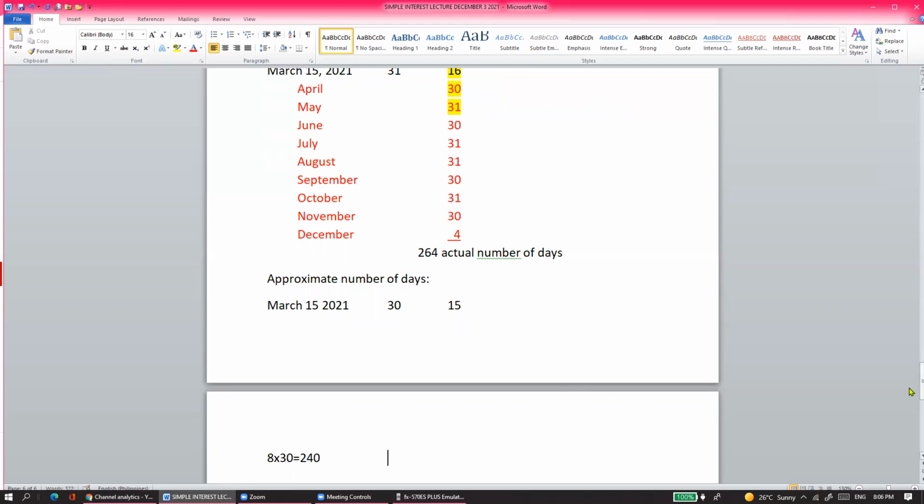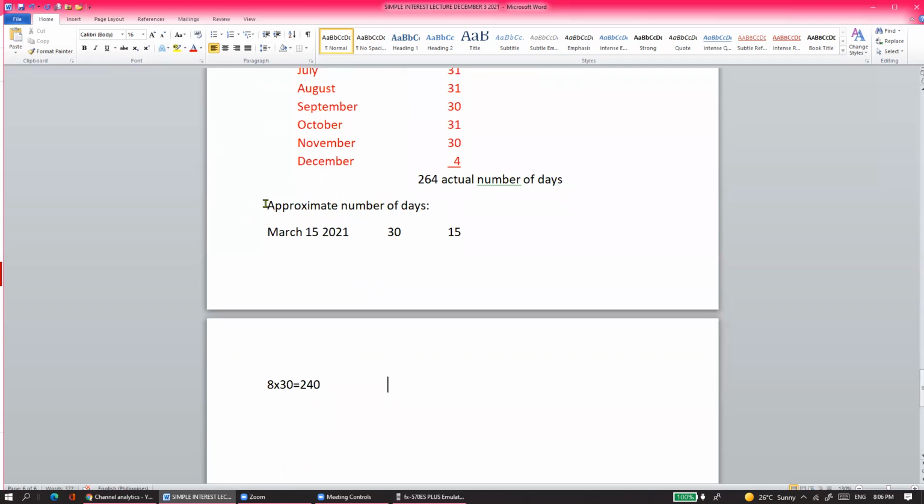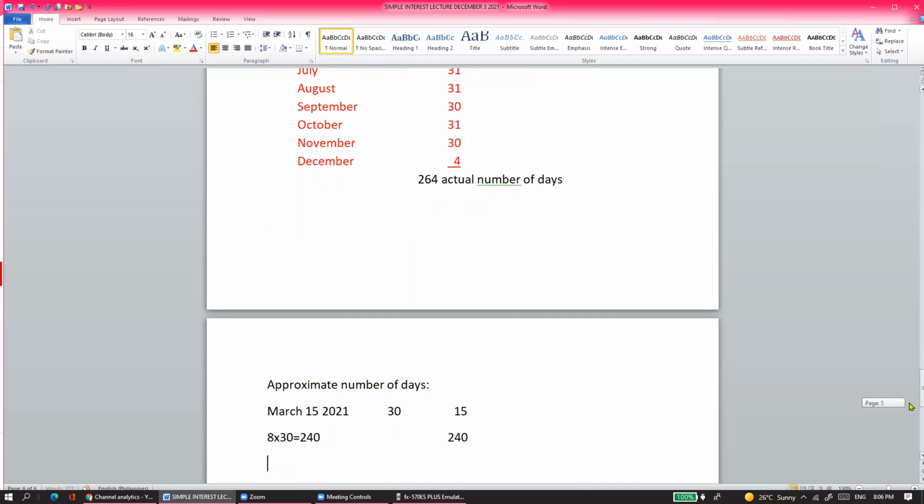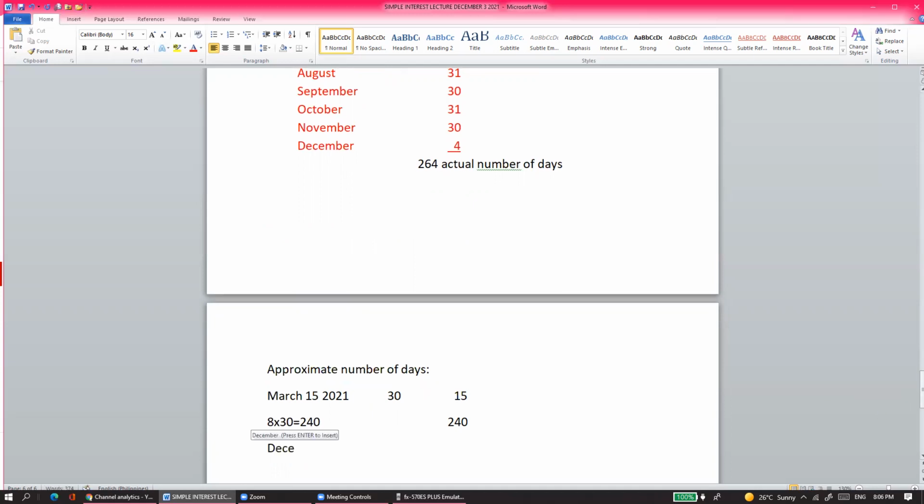So, tatype ko ngayon sa dulo ang 240. Kasi nga, nagbibilang tayo ng araw from a date to the end date. Now, ang pinakauli is December 4. Di ba? So, sa pinakadulo niyan, I'll type 4.